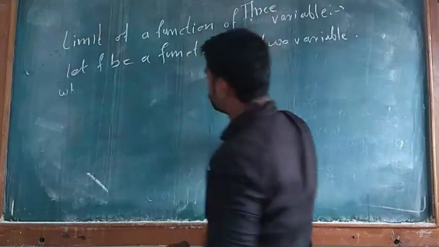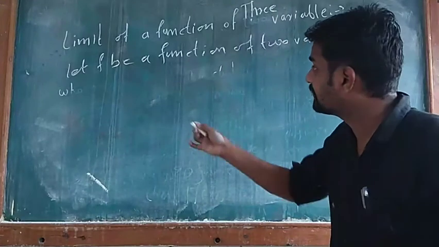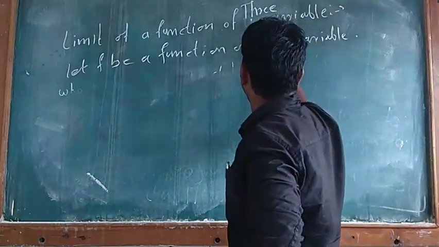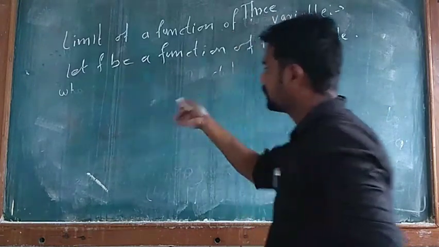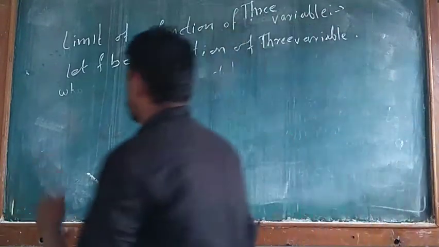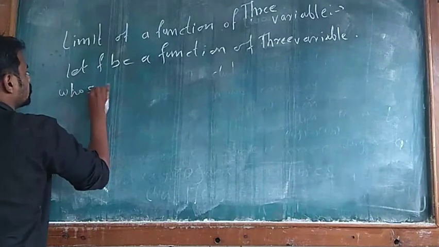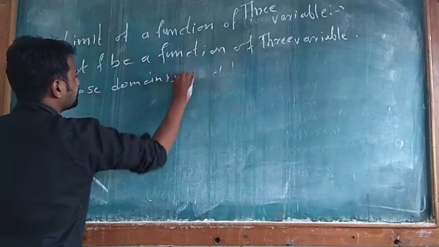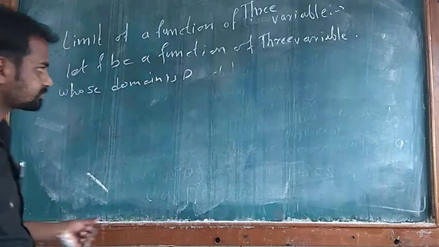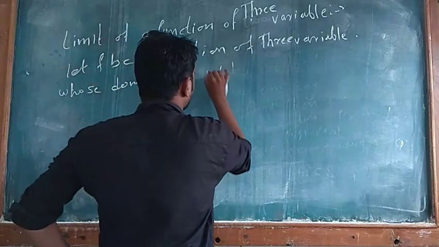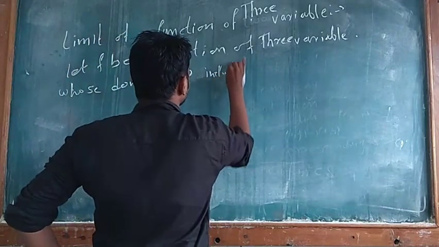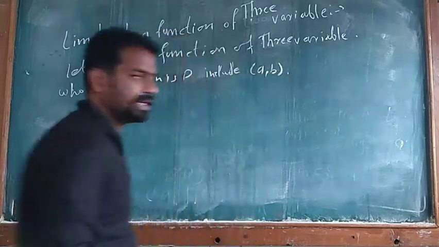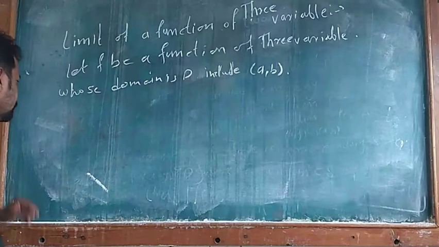This definition is also the same as for two variables. Let f be a function of three variables whose domain is D and includes the point (a, b, c) arbitrarily close.